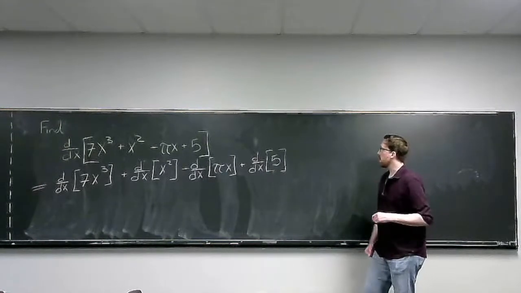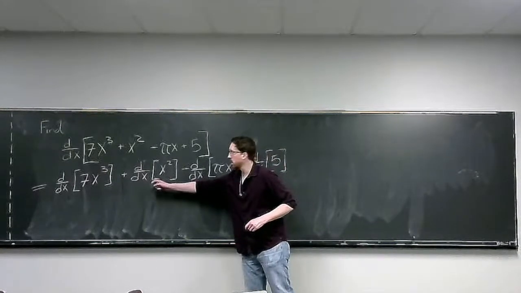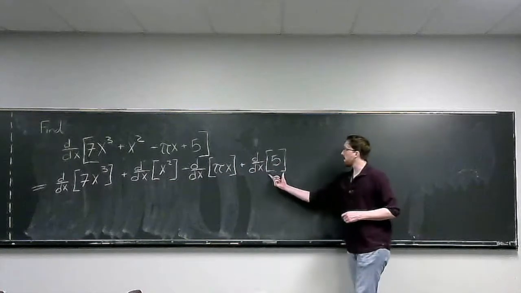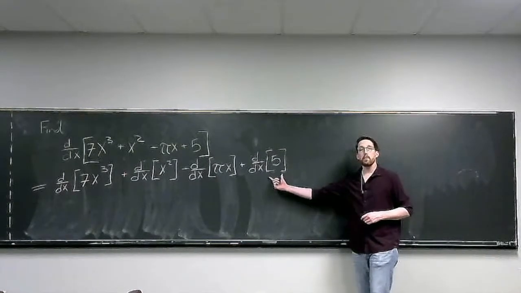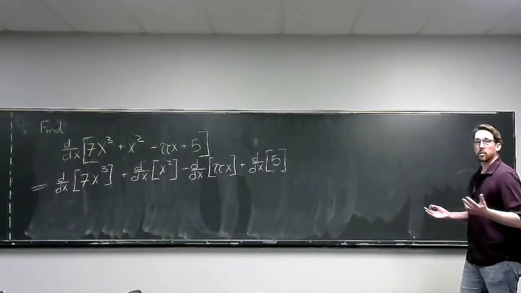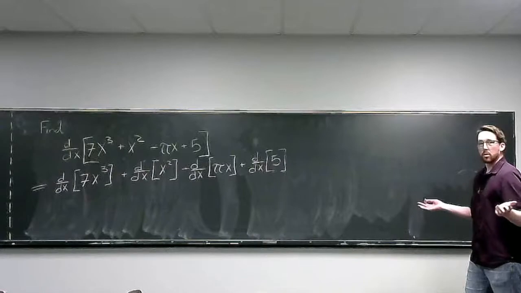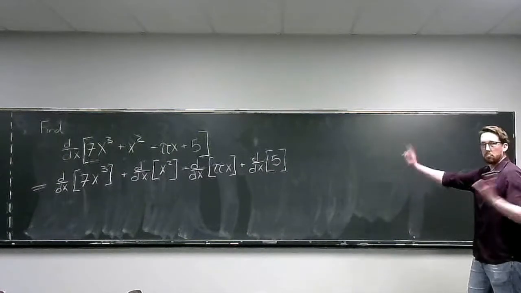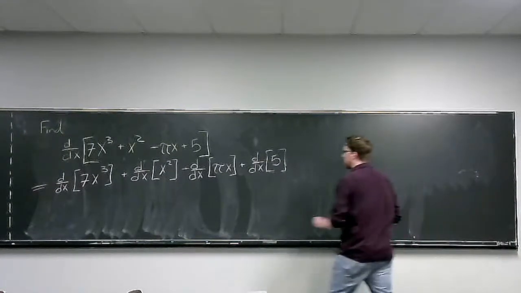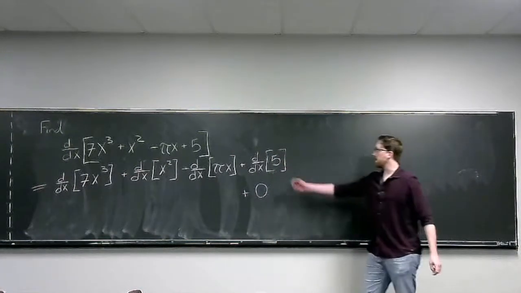The two that we can solve right now are this derivative here and this derivative here. For this derivative right here, we just have to apply the constant rule, because the derivative of a constant is 0. That one's easy.